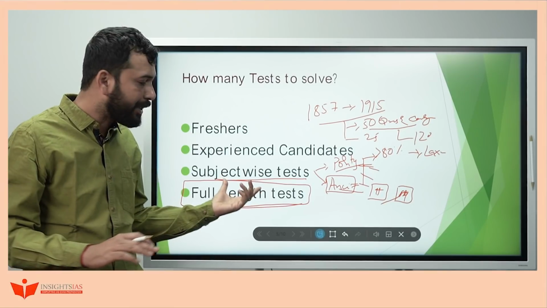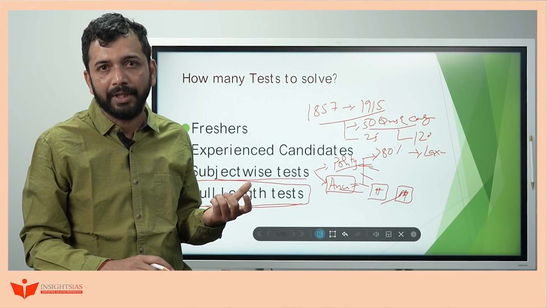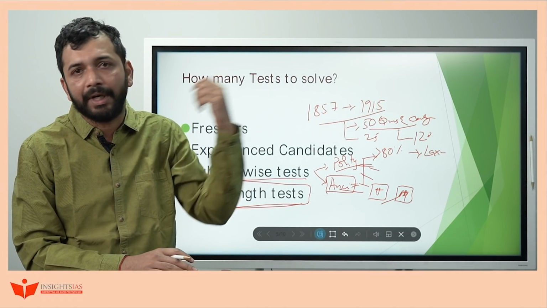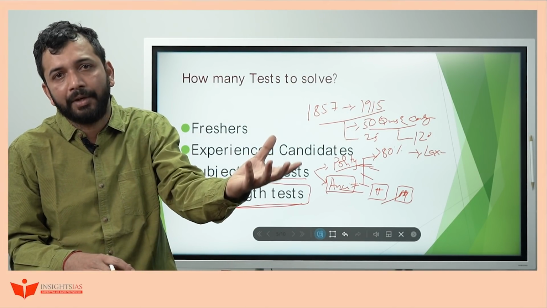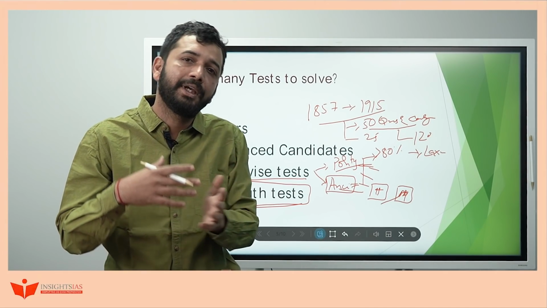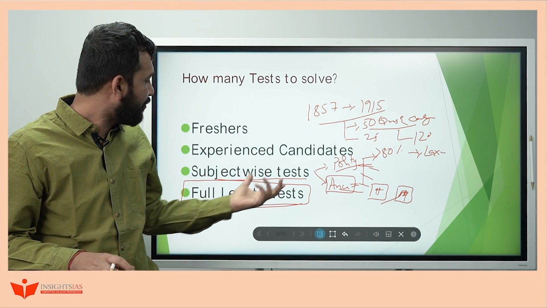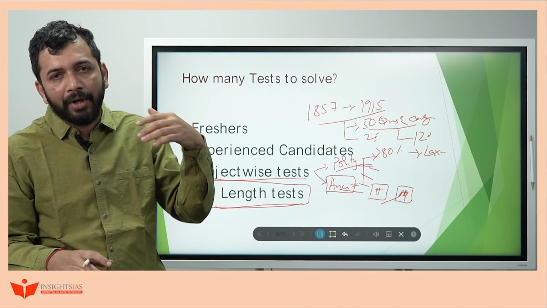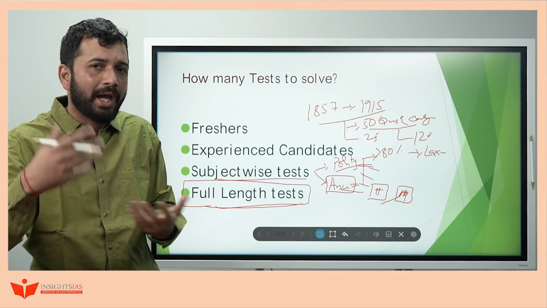So it is better to solve full length tests from various institutes in the market. Let's say you solve 2 from one institute, which has one kind of question asking, and another 2 full length tests from another famous institute, where they may be asking in a different way altogether. Since you have done 5-6 different papers from various institutes, you will not have that prejudice that questions will come in this way, because every institute asks in a different way.